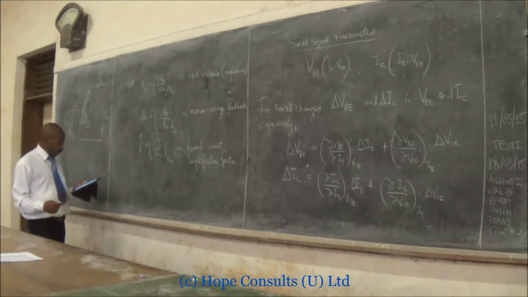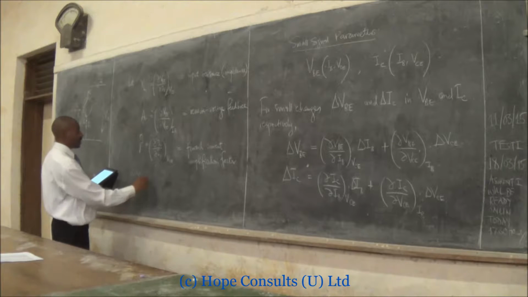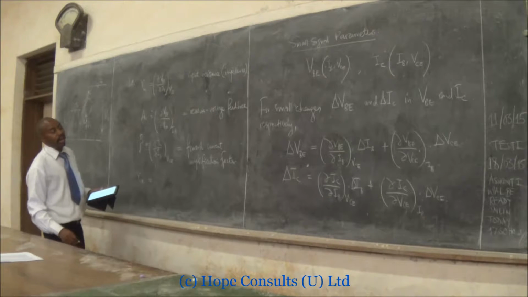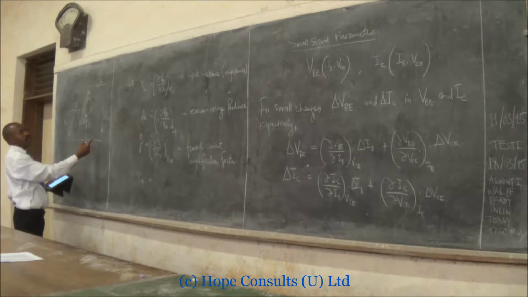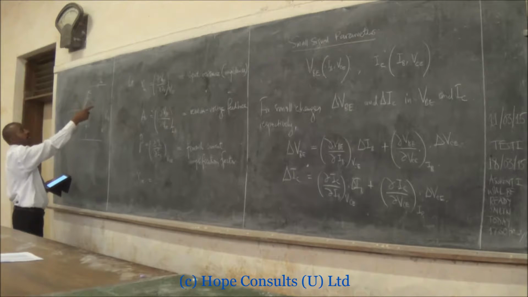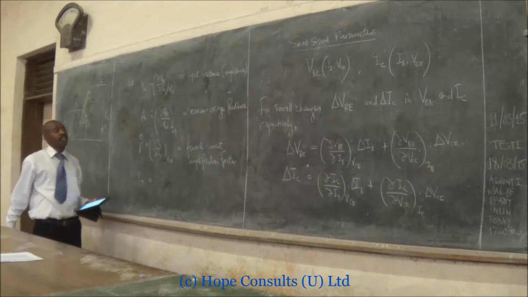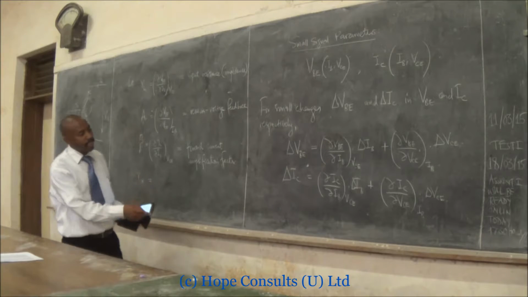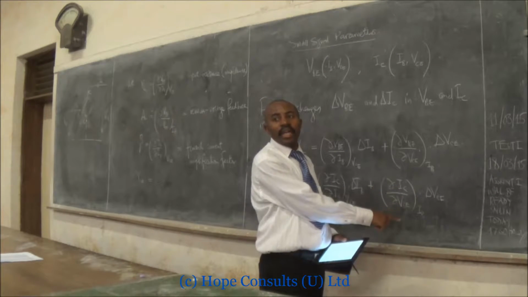And then we have the last one, RCE. RCE would have been the same as delta VCE over delta IC, or change in VCE by IC. But instead, in our making of the parameters here, we have it as ∂IC by ∂VCE.